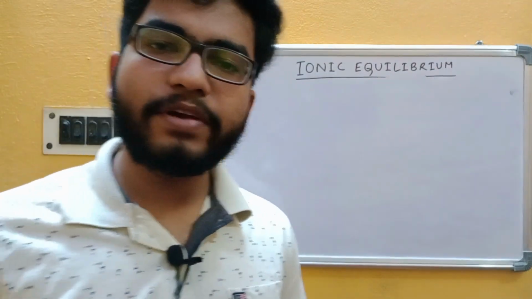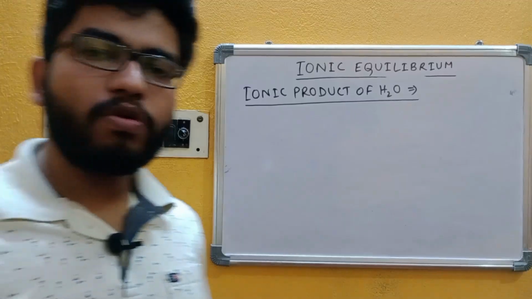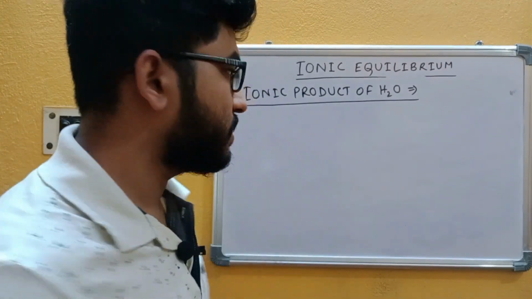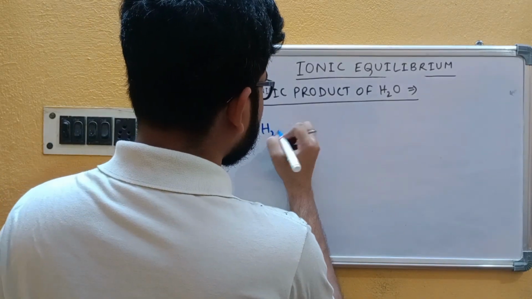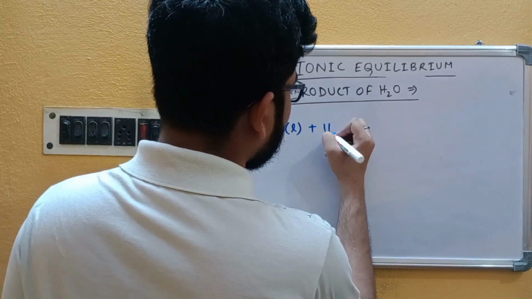Now we will discuss the ionic product of water. Water is also a weak electrolyte, and it dissociates as follows.